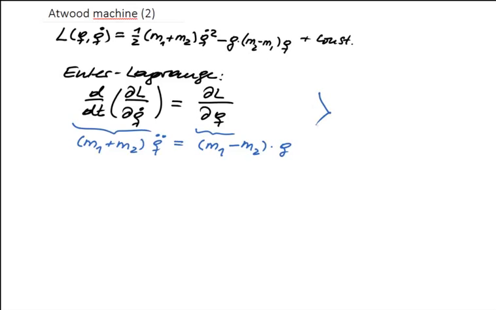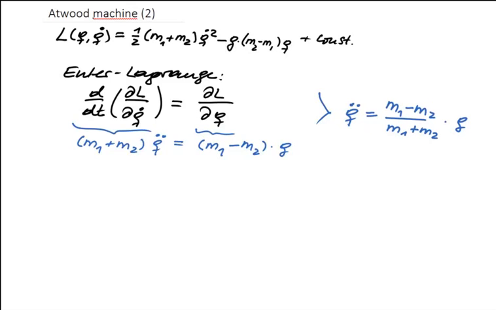So the equation of motion reads: q double dot, the acceleration, is equal to m1 minus m2 divided by m1 plus m2 times g.